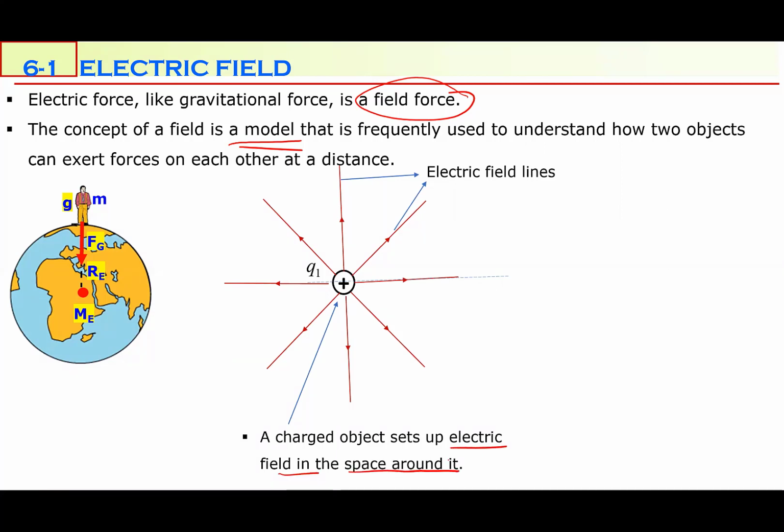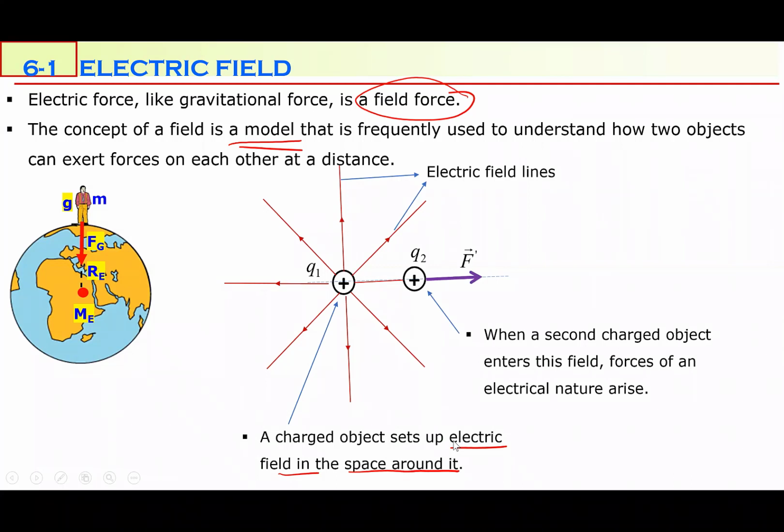When another charge enters inside this electric field, there will be an electric force acting on this charge. When a second charged object enters inside this field, an electric force acts on this object.